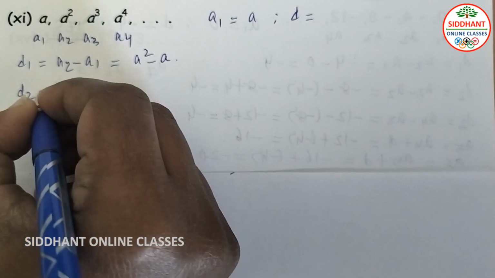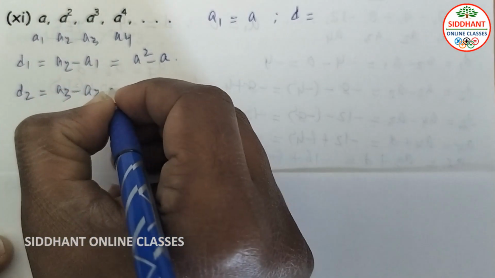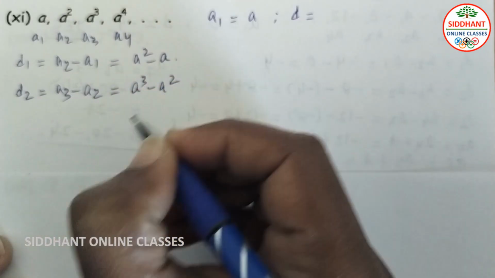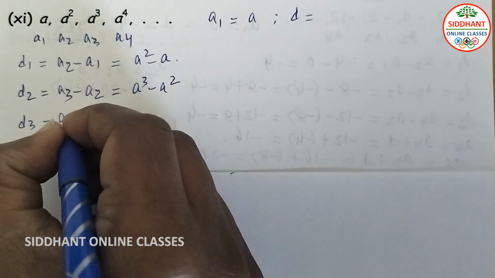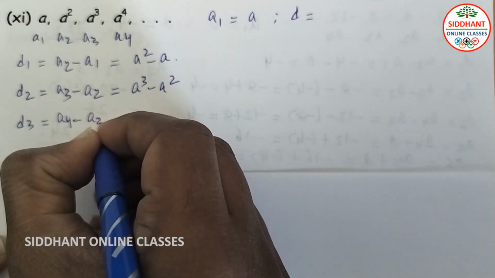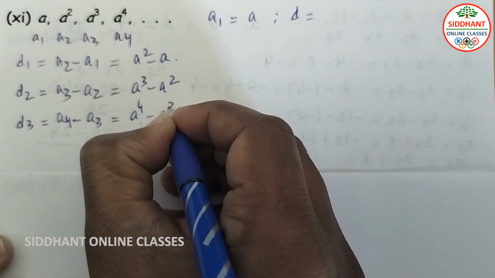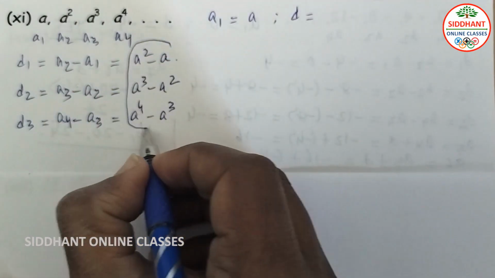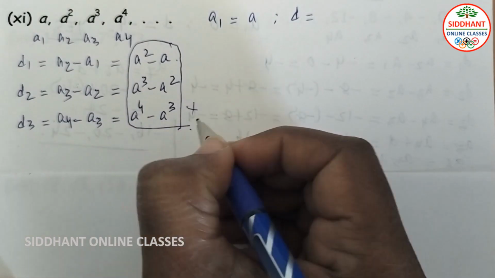Now D2, which is A3 minus A2, that equal to A cube minus A square. And D3, which is A4 minus A3, that equal to A4 minus A3 here. So the difference is not common here.